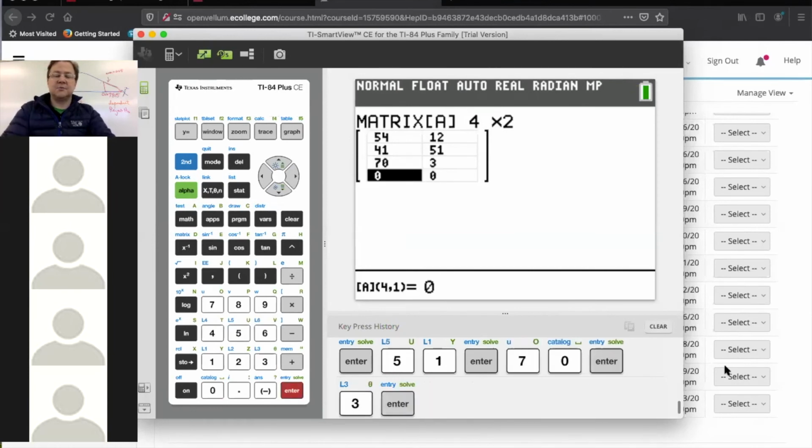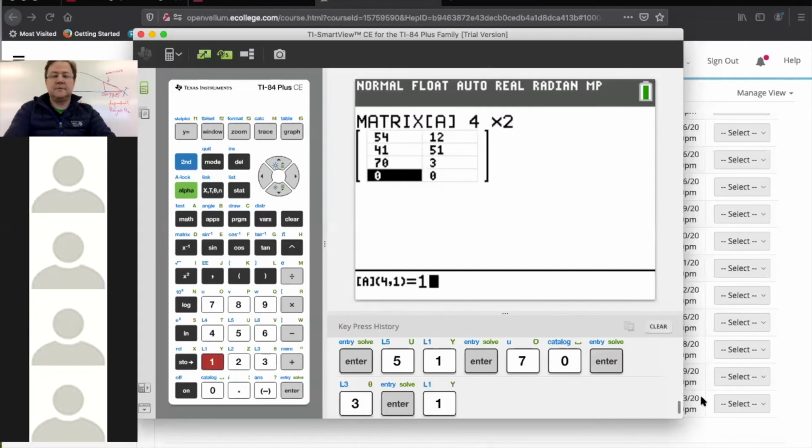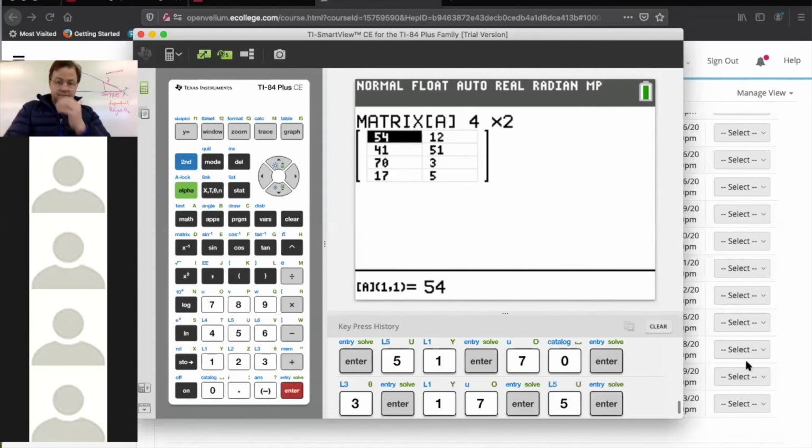You'll be doing something similar in the homework. 17 and 5. And so matrix A consists of all 8 of those numbers. It's literally the contingency table. Okay. Any questions so far?